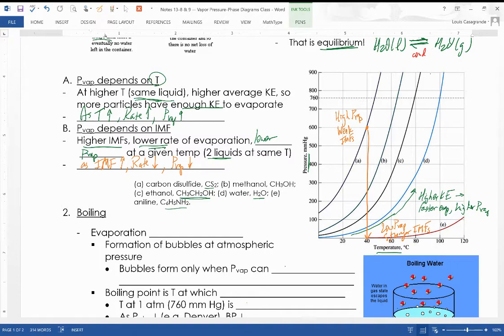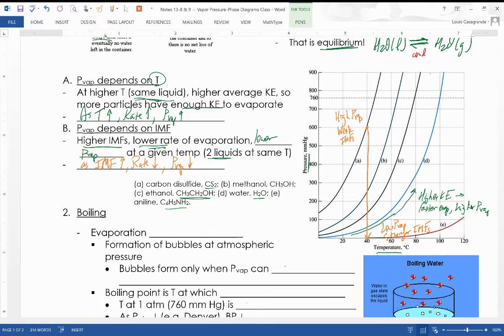So we've got this look at different liquids at the same temperature, and a function to show you how the change in vapor pressure shows us the change in intermolecular forces.